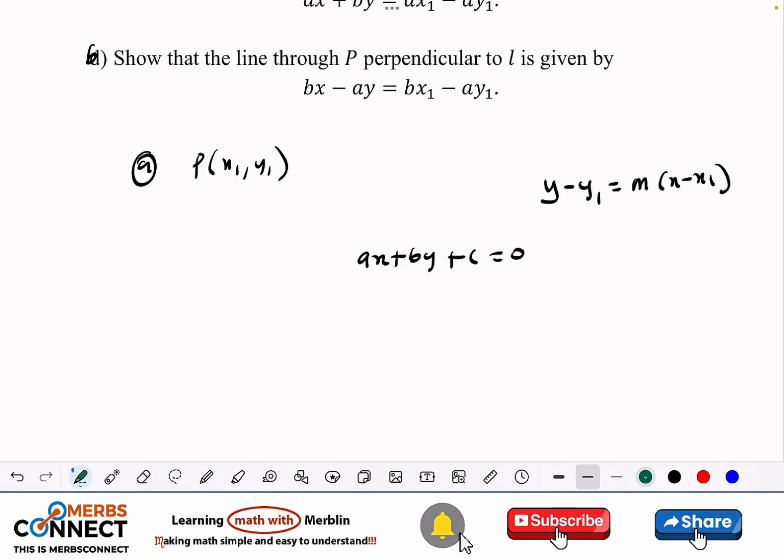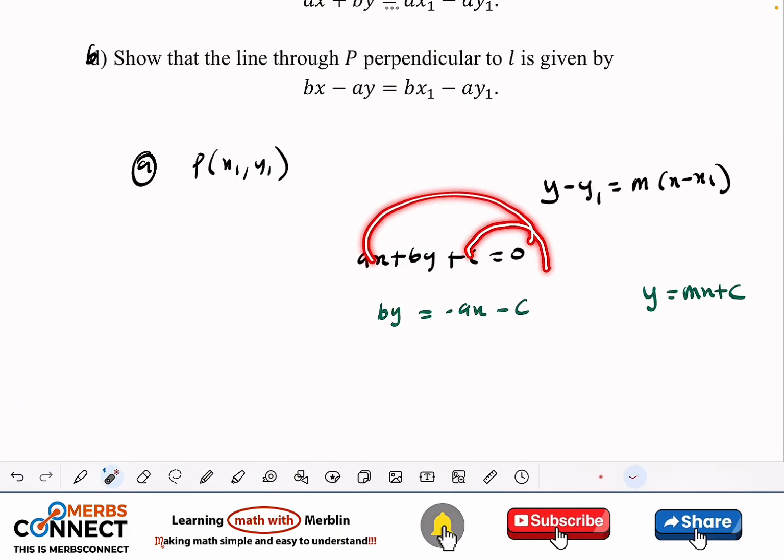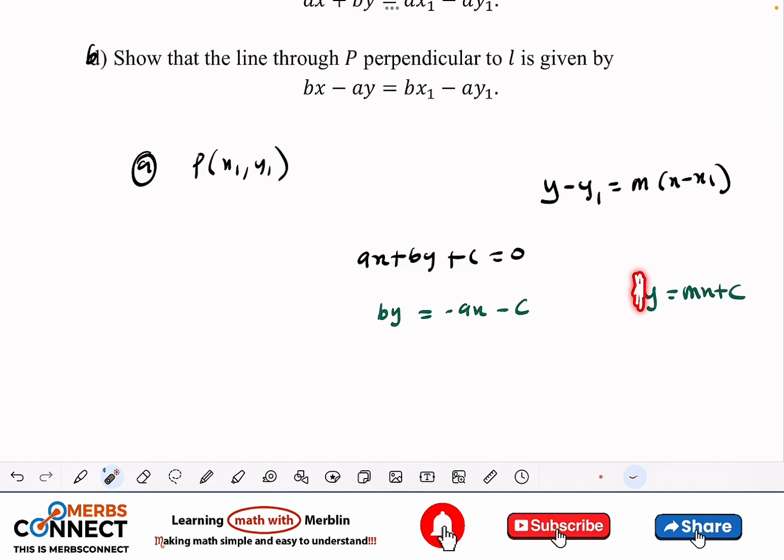Don't forget the equation with y-intercept is y equals mx plus c. This will help us to find the slope. So let's do that. This is going to give us by equals minus ax minus c. I move this one here, move this one here. Then the coefficient of y is b, so we need to divide through by b.